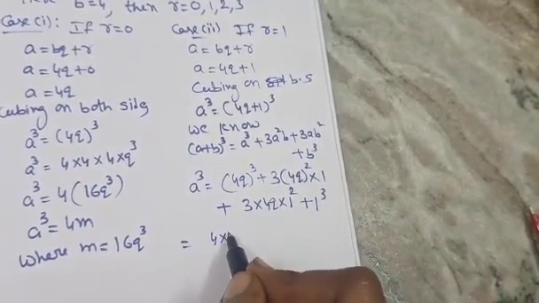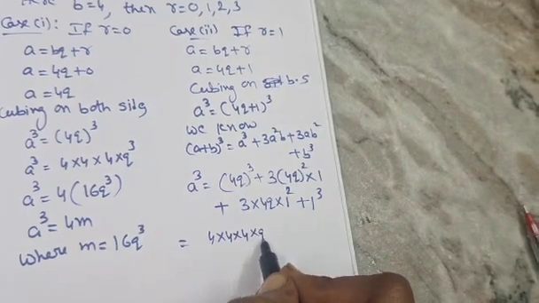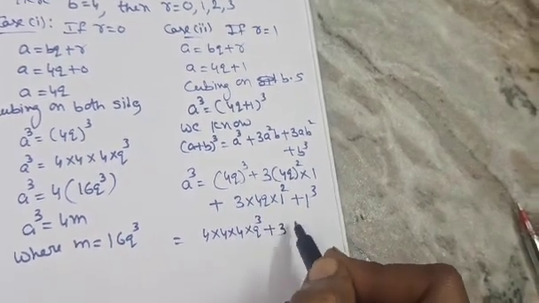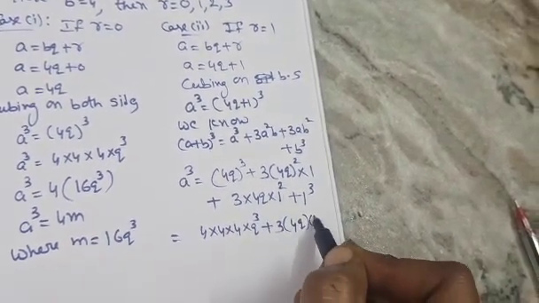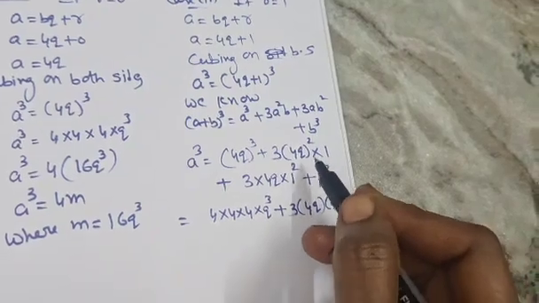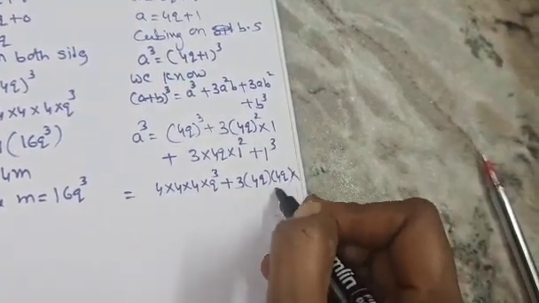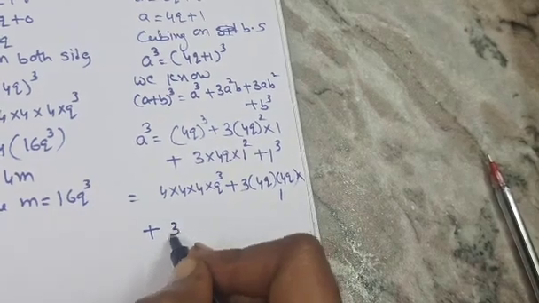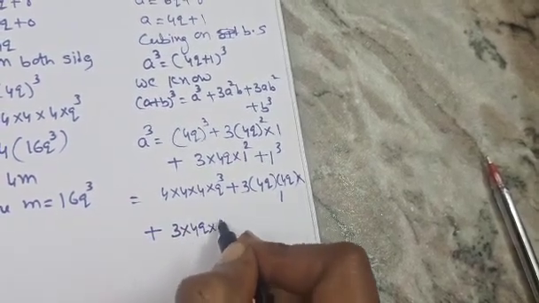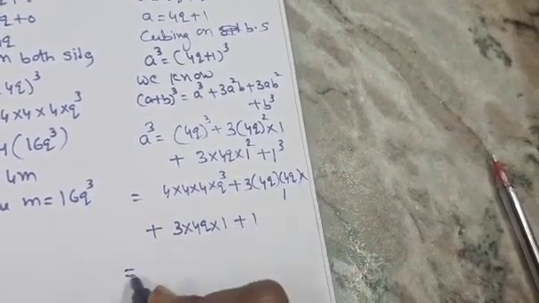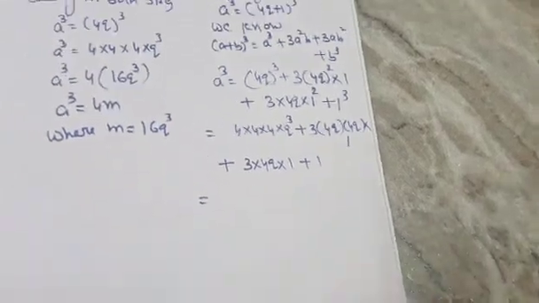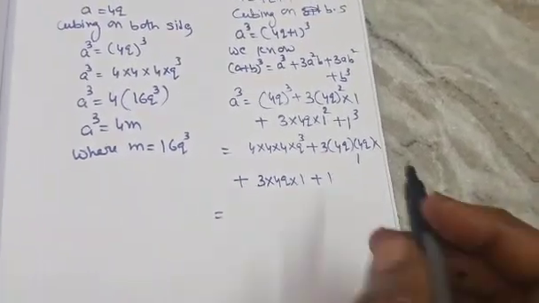We can write this as 4q whole cube plus 3 into 4q into 4q into 1, because 4q square means 4q we have to write 2 times, plus 3 into 4q into 1 plus 1. Here how many terms do we have?